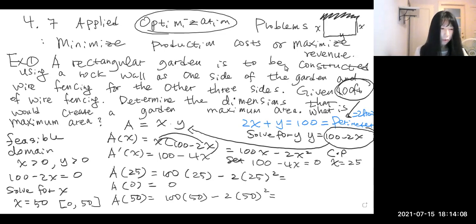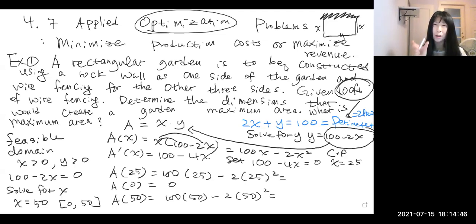What do you get for this one? We cannot have a negative. Wait, do 25 and then 50, because 25 is the critical point and 50 is the endpoint. We have to do both.